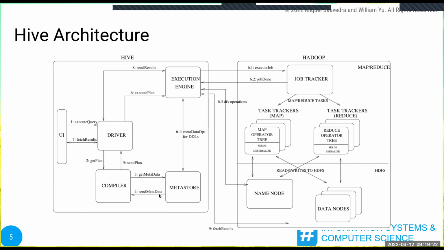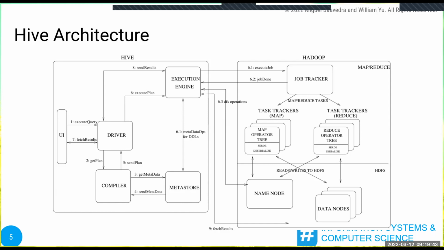The metadata is thus returned to the compiler. Then the compiler will now have a command to run, sends it back to the driver or the plan, and the driver will send it to the execution engine to actually run. In this particular case, the execution engine can run commands, for example, which are composed of commands that are executable, right?